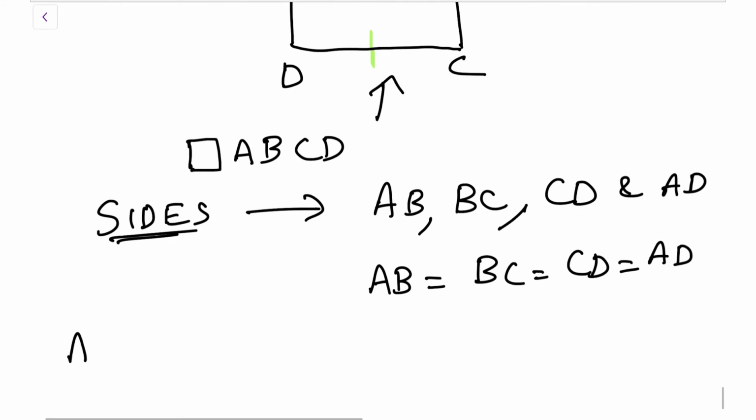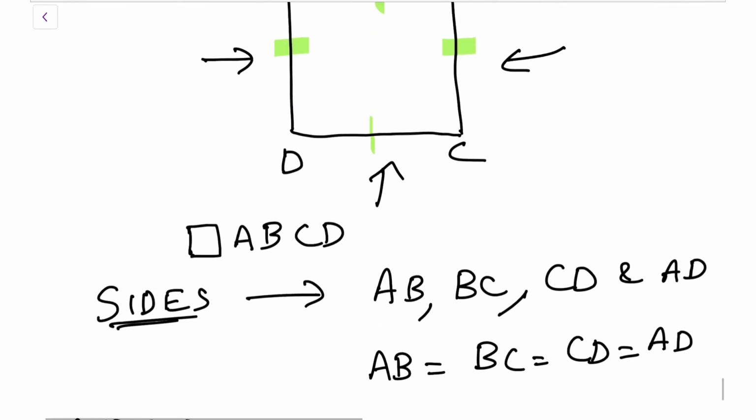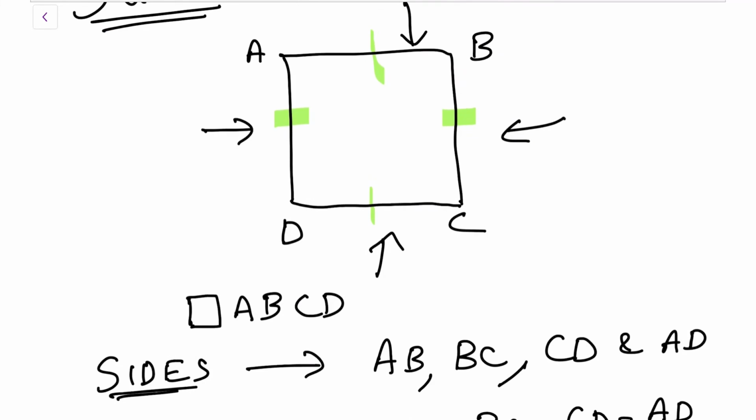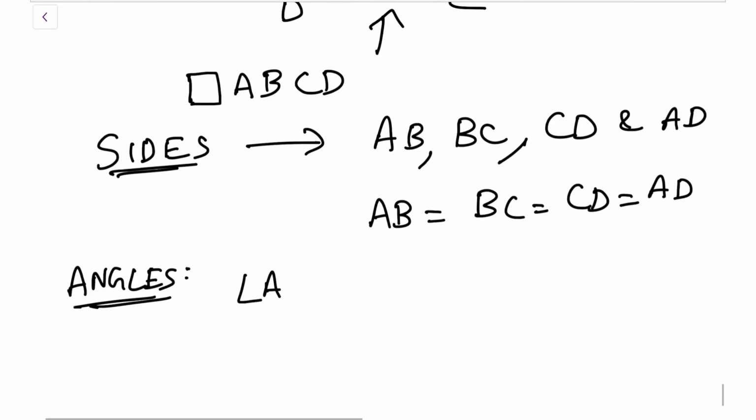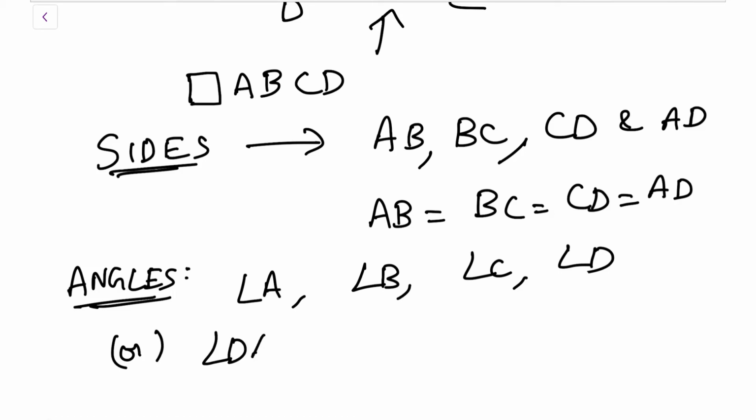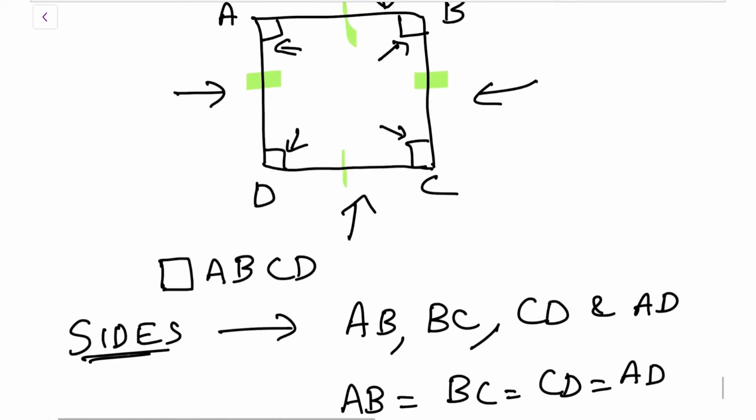Now, what about the angles? What are the angles? Yes, we have one angle here, one angle here, one angle here, one angle here. Okay, this is angle A, angle B, angle C, and angle D. Let's write that. What are the angles? Angle A, angle B, angle C, angle D. Or you can also write it as, remember, with the vertex at the center, angle DAB, which is this one.